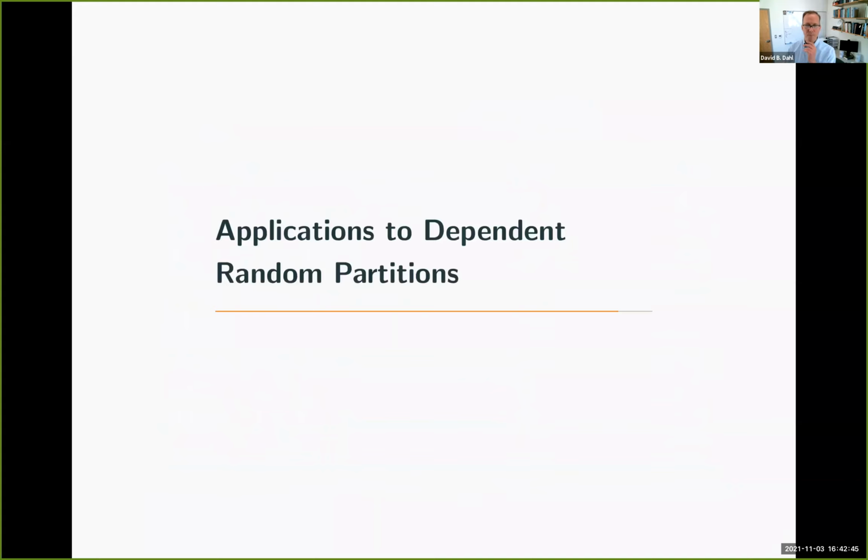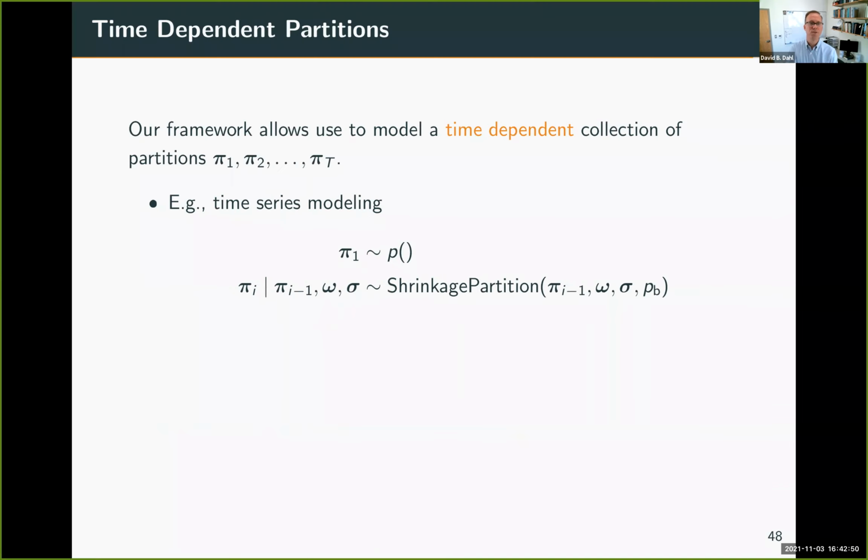Okay, let's move back to the application to dependent random partitions. Our framework is going to allow us to model a time-dependent collection of partitions, pi 1, pi 2, up to pi T. For example, in a time series context, at the first time point we might have a partition distributed according to some random partition distribution.